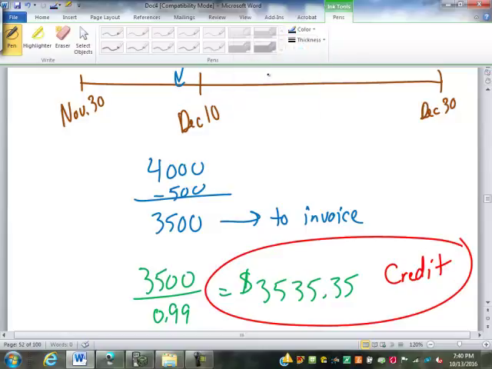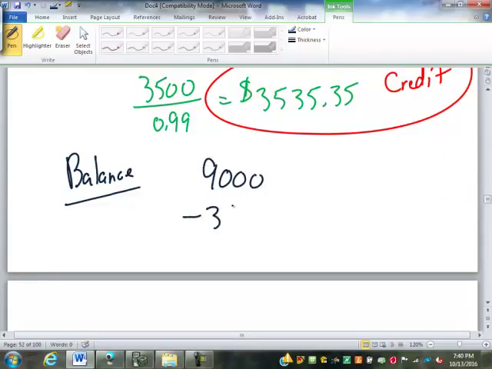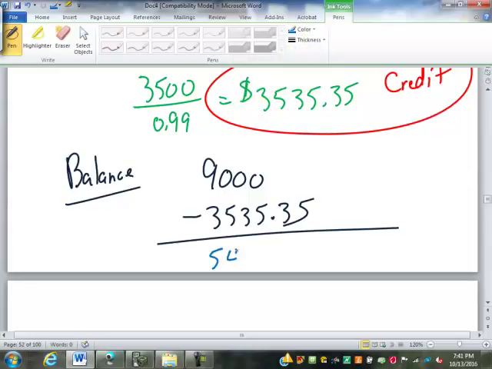So the balance, we'll take our $9,000 and we're going to subtract 3,535.35, gives us $5,464.65. What do you think?